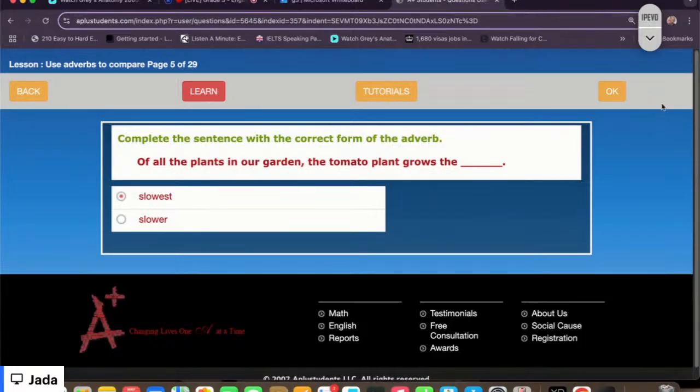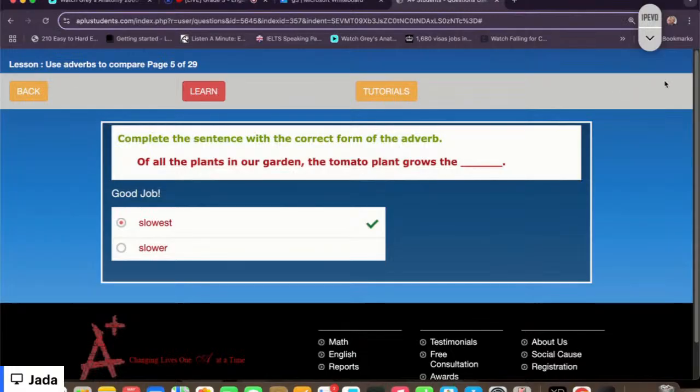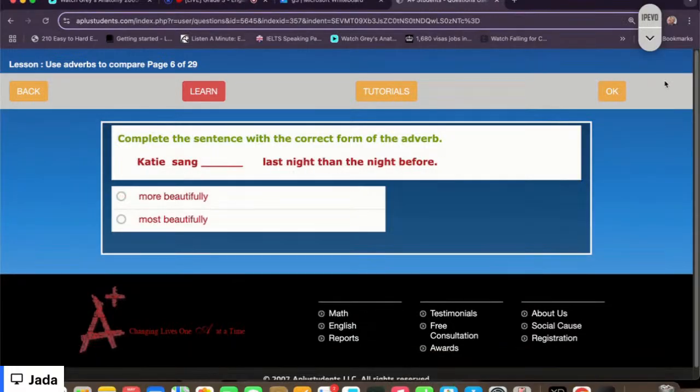All right, we have slowest because there's more than one plant in the garden.